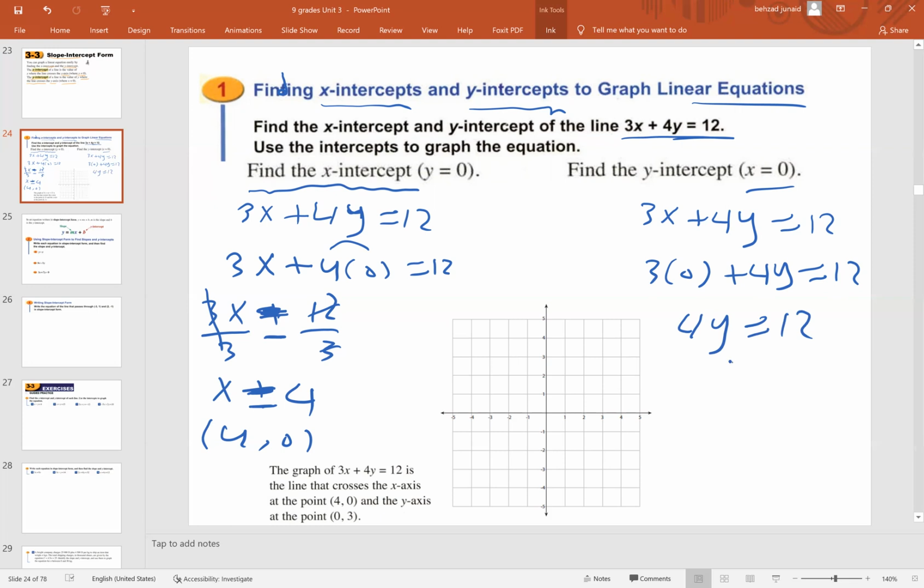And then divided by 4 because you are going to find or isolate y. Divide by 4. 4 over 4 equals 1y. Y equals 12 divided by 4, which is 3. Y equals 3. And the points on the y-axis will be 0 and 3. Let's plot the points on the coordinate plane to get the straight line.